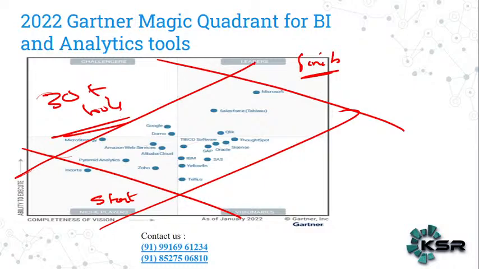What is your observation here? The one which is towards the finish line, or even I can say the best tool, is Microsoft's Power BI. Then comes Tableau, and these are all nowhere in the frame. They have not even completed 50% of the race.